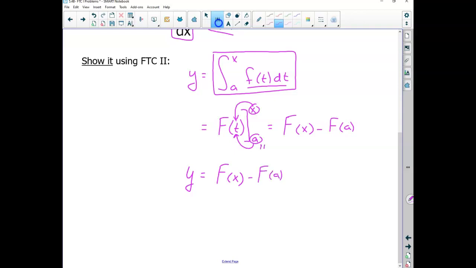Now remember, a is a number. This is my constant, that's my c value here.